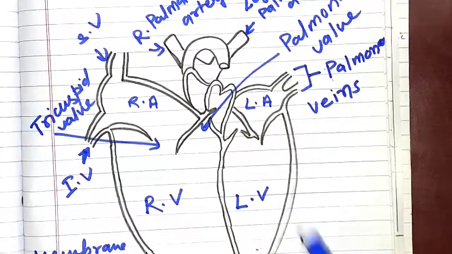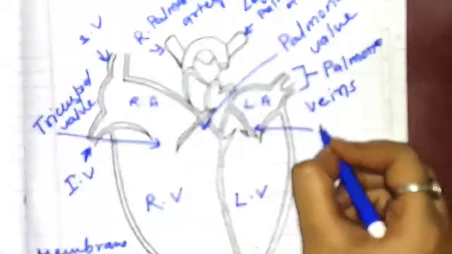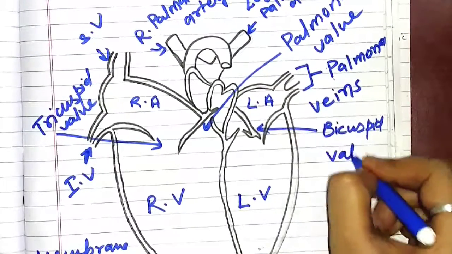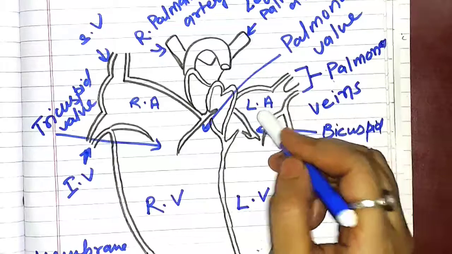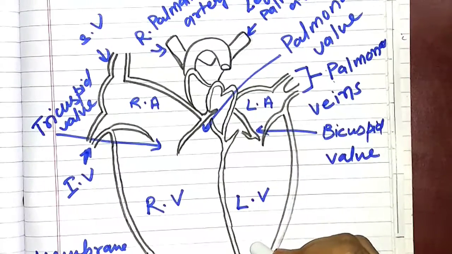By the help of the bicuspid valve, the oxygenated blood comes into the left ventricle.